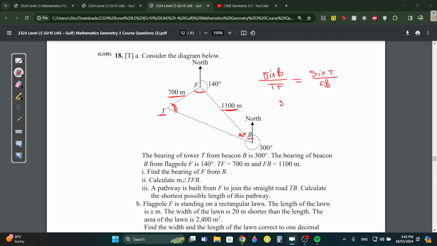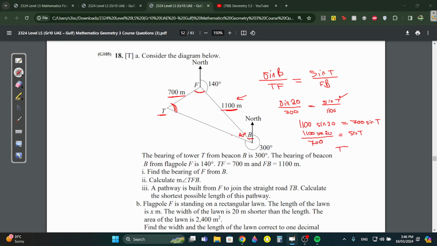Sine B means sine 20 over TF 700 equals sine T, which we don't know, over FB, which is 1100. Can we find T? Of course we can. Cross multiply, you get 1100 sine 20 equals 700 sine T. So sine T equals 1100 sine 20 divided by 700.